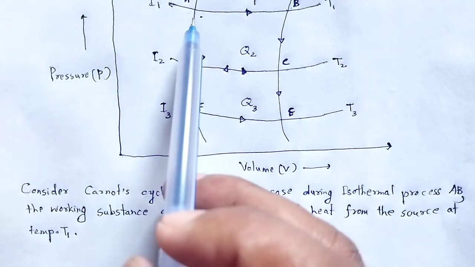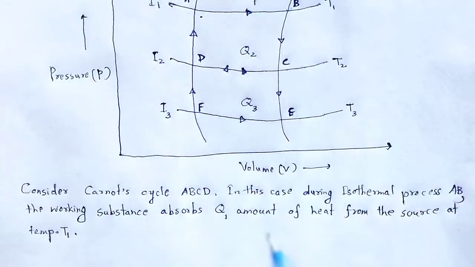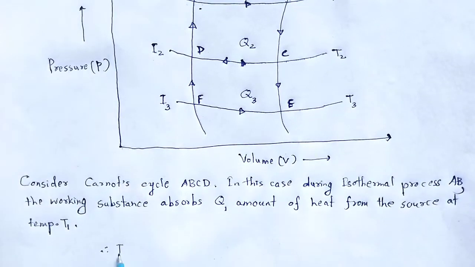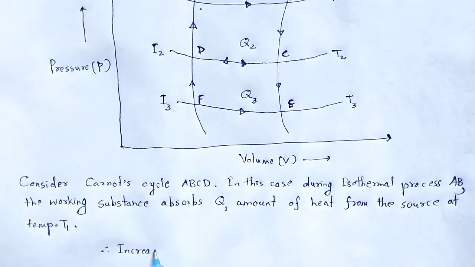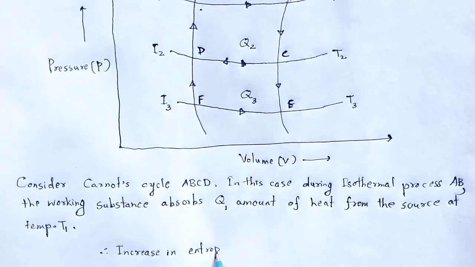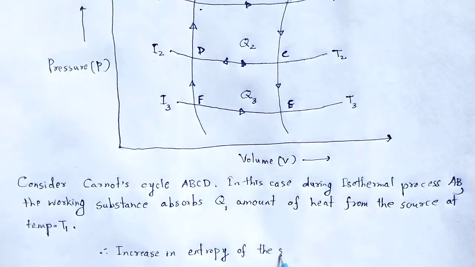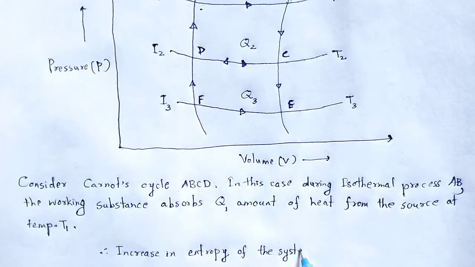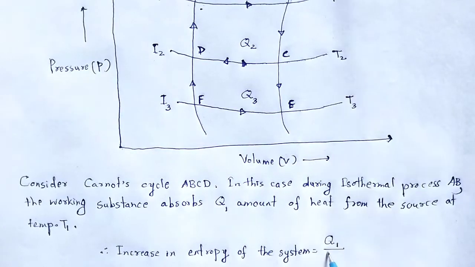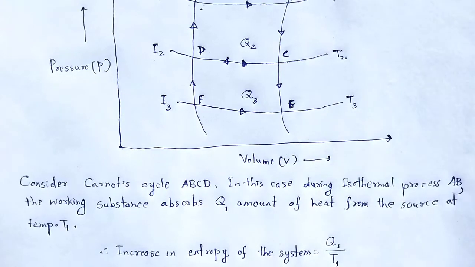So the increase in entropy of the system is heat divided by temperature, Q1 by T1.